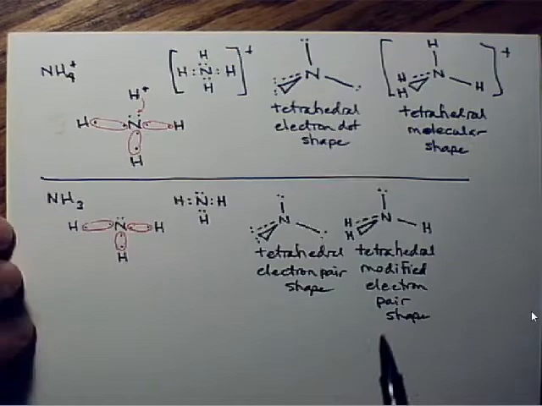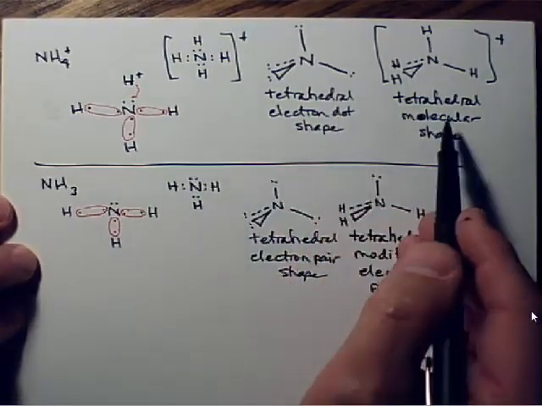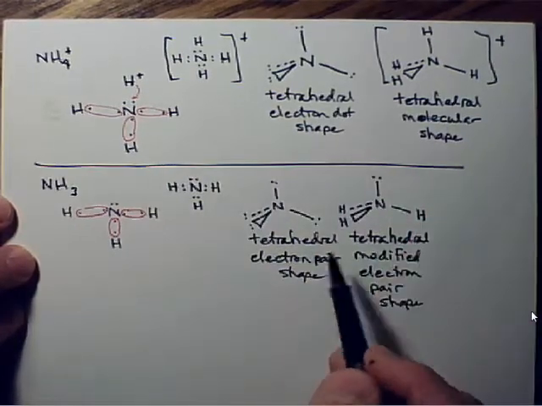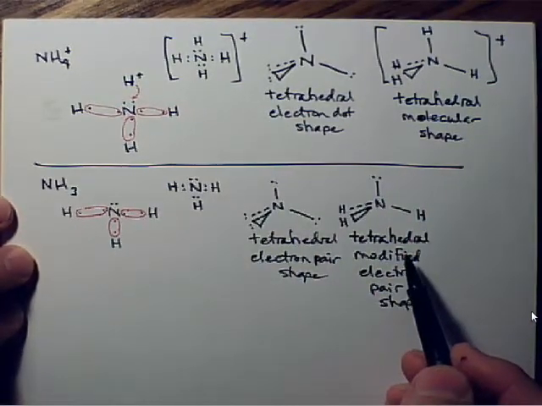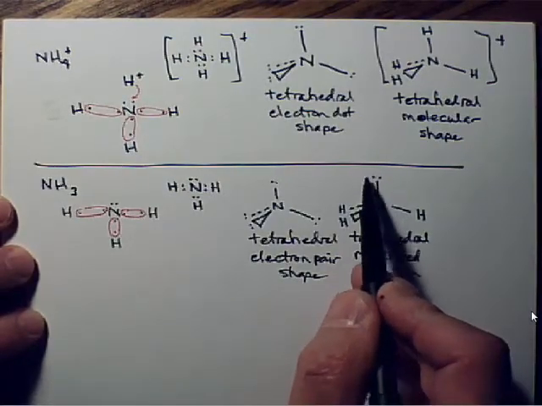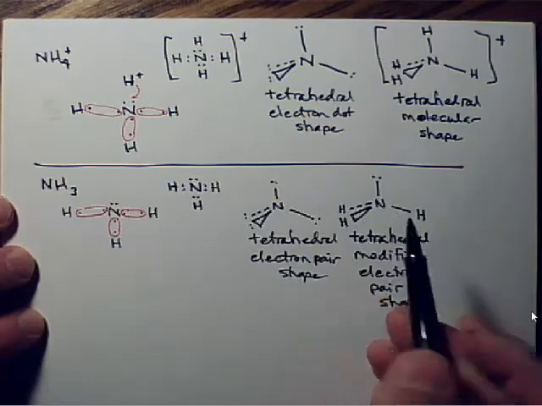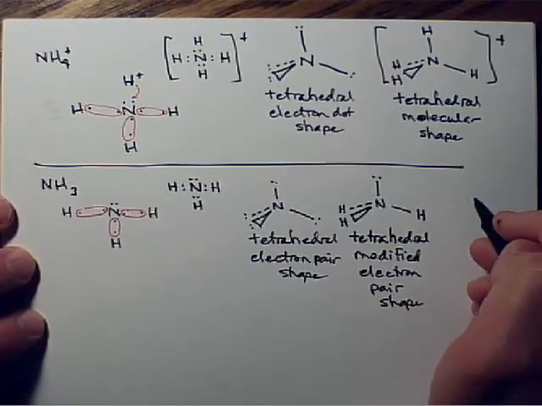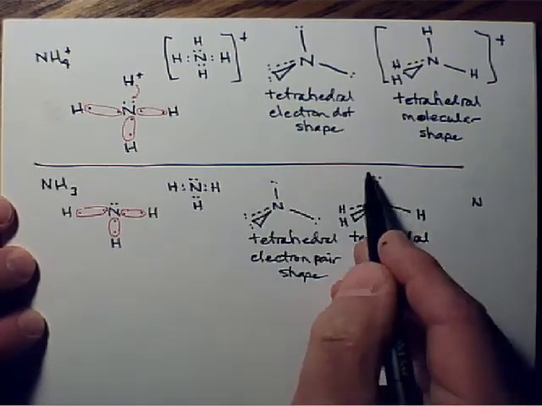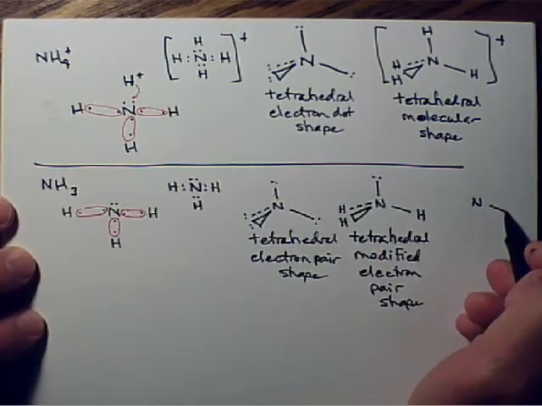Then we have one more step to do. When we're doing this shape up here, we stop after just 2 steps with three-dimensional drawings. In this case, we're going to need 3 steps to get to the final molecular shape. The final molecular shape removes the lone pair, but it keeps all the other angles exactly the same. The only way we know what the final shape is going to be is if we remember the space taken up by this lone pair up here.